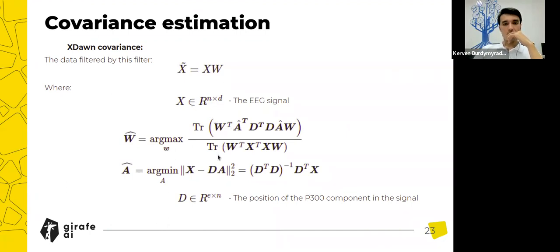How are we filtering? First of all, we have our D matrix. This is the position of the P300 components of the signals. With this one, we find our matrix A, which is the solution of this equation. Then we find our W, and then we filter our data.